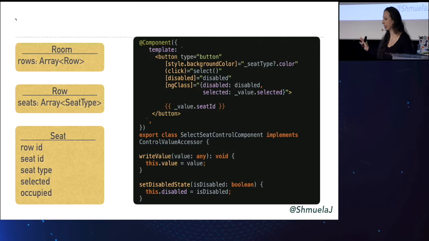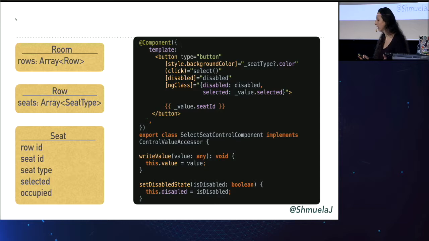And also set disabled state, which is something that we're going to use. So whenever we pass that this control is disabled, we can have some logic in here. And you can see that the template is pretty straightforward.